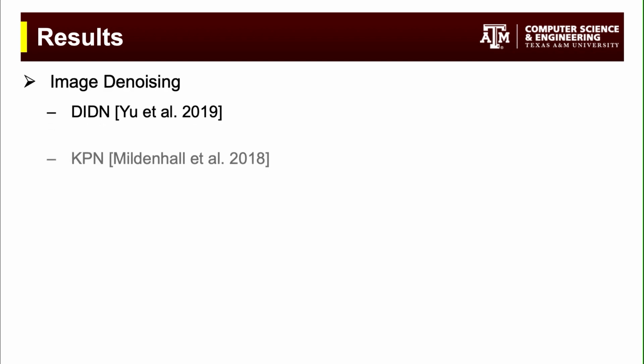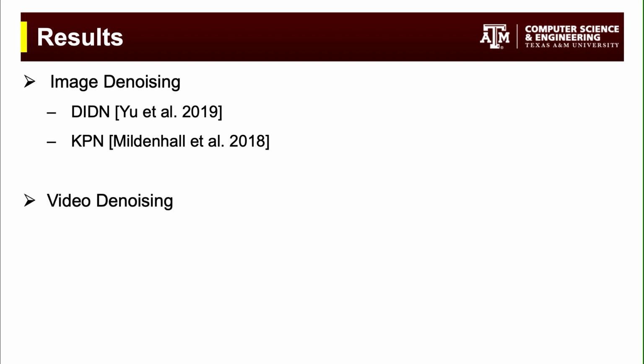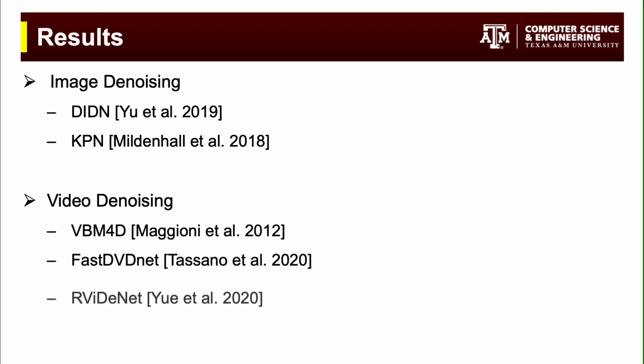Now let's look at our results and comparisons against state-of-the-art methods. Specifically, we compare our method against image denoising approaches, DIDN and KPN. We also compare against video denoising methods, VBM4D, FastDVDNet, and RVDNet.